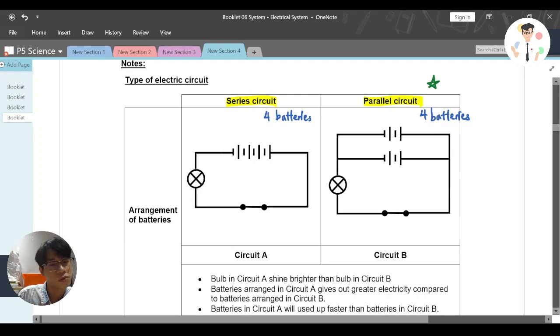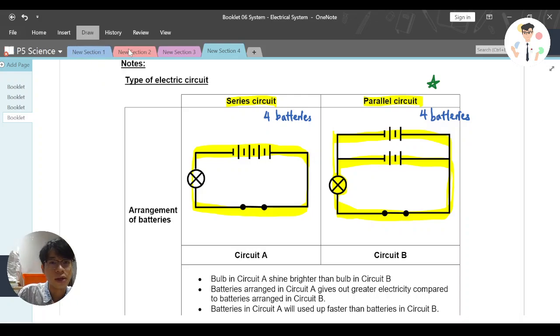But not really. Why? Because if you look carefully, this is arranged in one round, and in one round I have four batteries. But in this case, I have one round with two batteries and another round also with two batteries, which means that only two batteries are actually having effect, although it seems like four batteries.